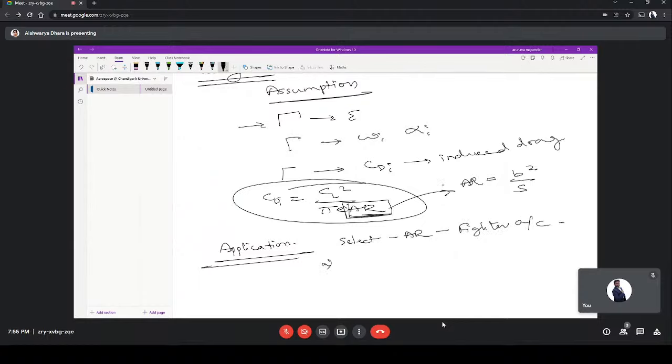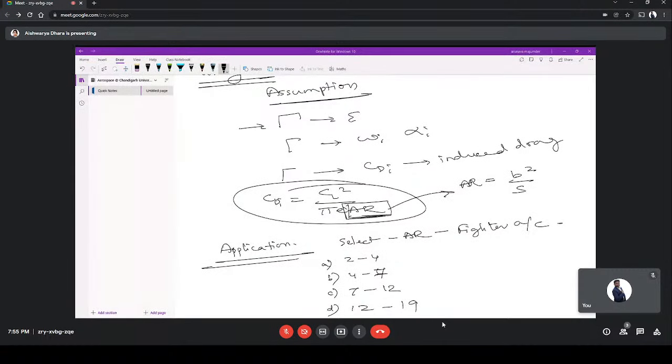We have certain options: 2 to 4, 4 to 7, 7 to 12, and 12 to 19. We have four options. So choose the right option and just write in the chat box which is going to be the right option according to you.